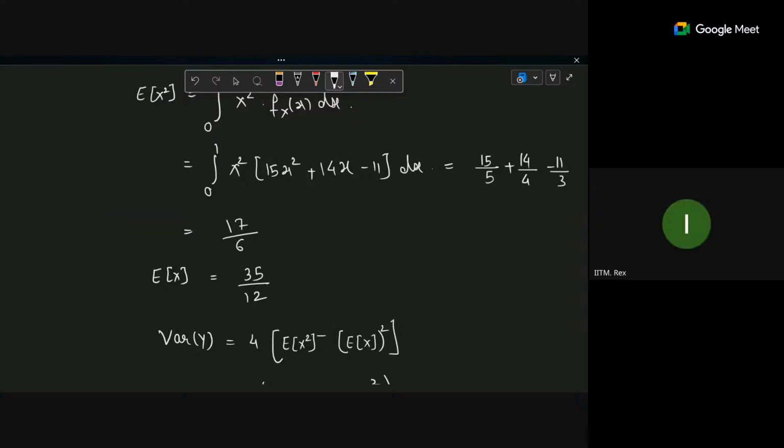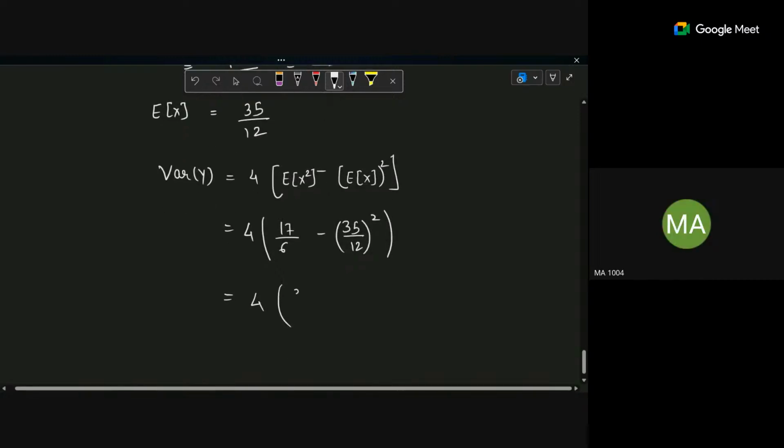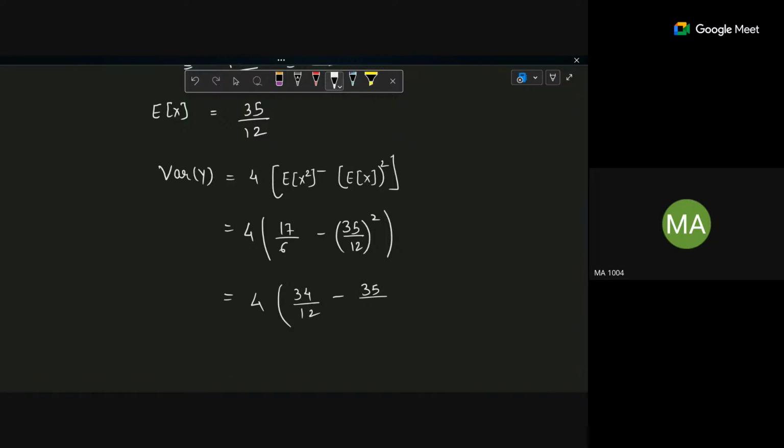Ma'am, it's 17 by 6. Yes, actually I can write it as 34 by 12. Okay, fine. So if it is 34 by 12 minus 35 by 12, the whole square, are you getting the negative answer for this? Yes, ma'am. That's why I was asking actually.